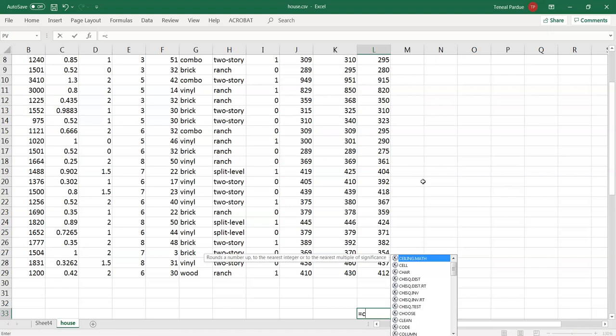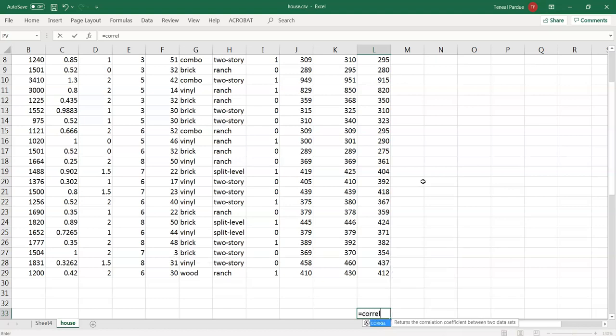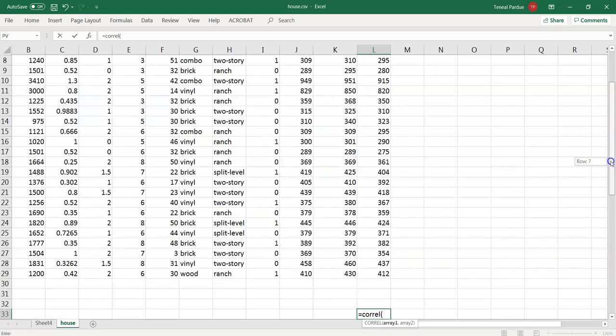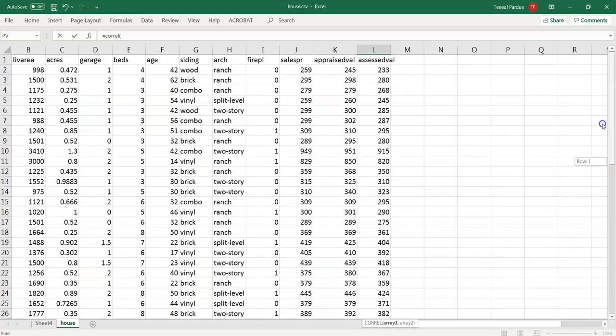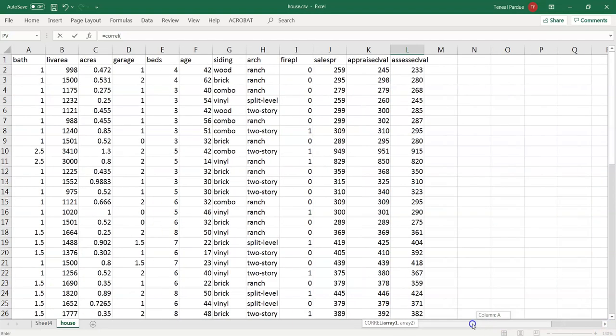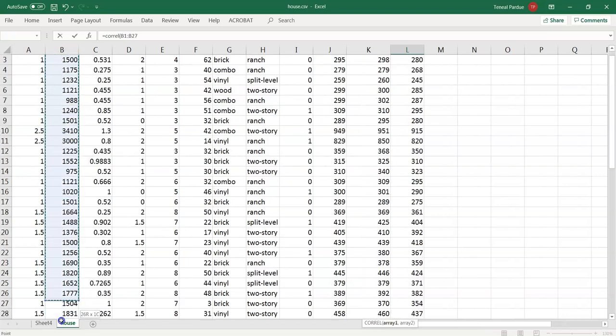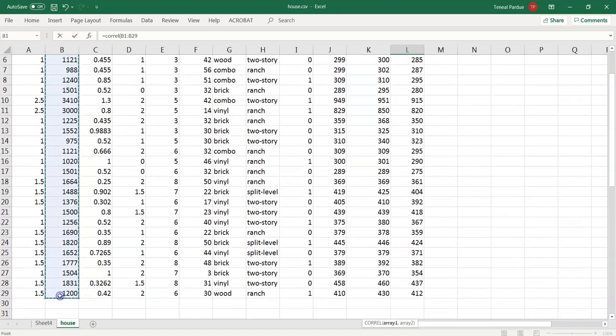So equals CORREL, parentheses, and we were looking at the relationship between acres and living area. It doesn't matter which one you do first, they're both exactly the same.